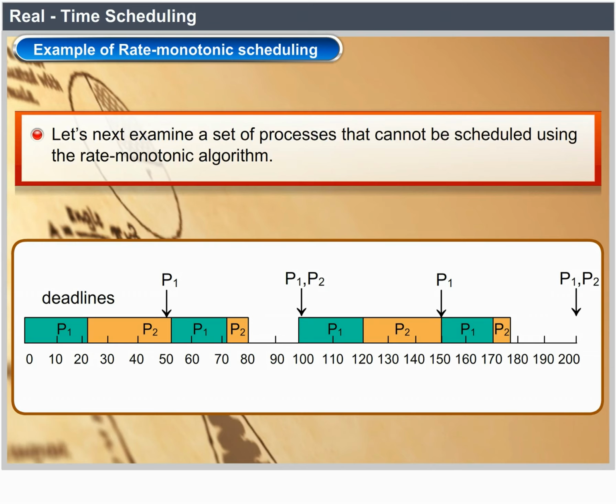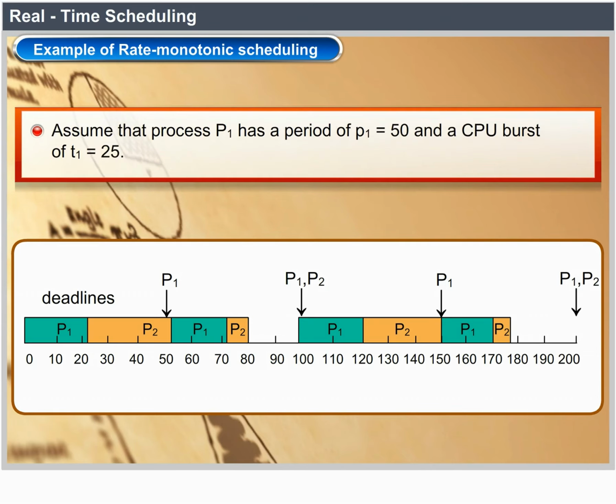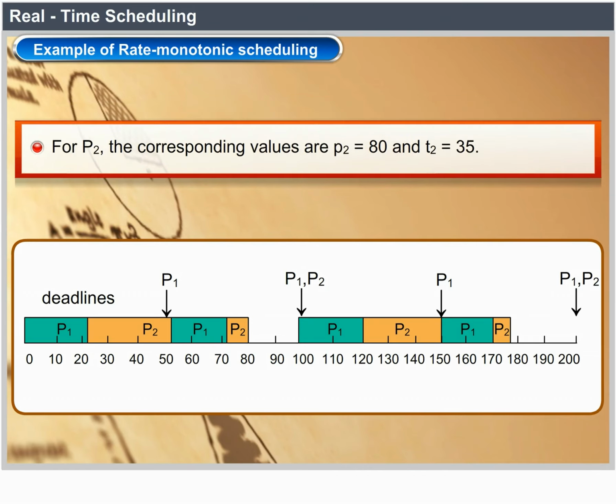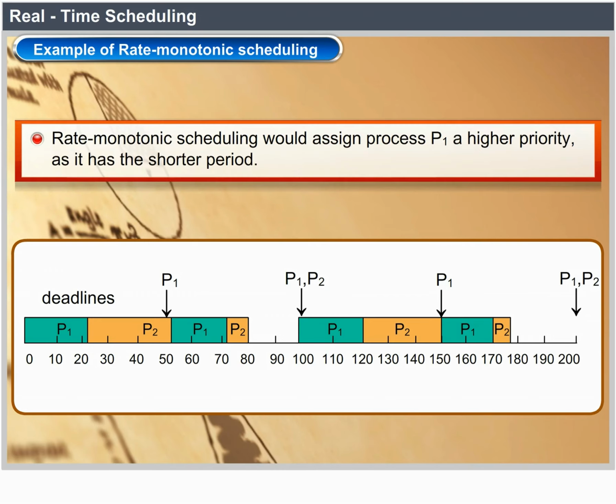Assume that process P1 has a period of P1 equaling 50 and a CPU burst of T1 equaling 25. For P2, the corresponding values are P2 equaling 80 and T2 equaling 35. Rate monotonic scheduling would assign process P1 a higher priority as it has the shorter period.